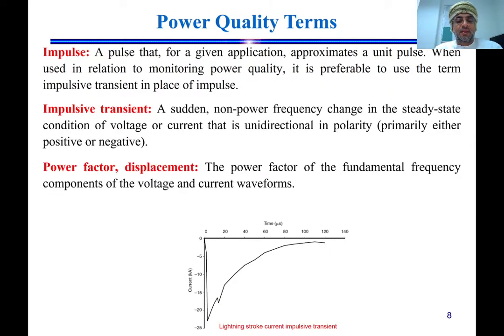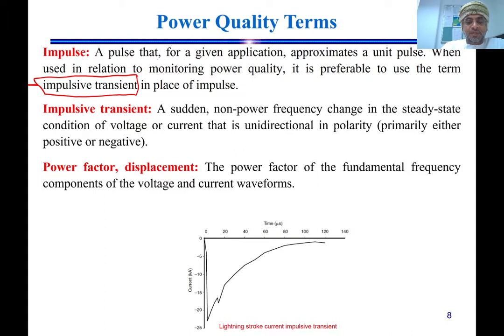Impulse. Impulse is a pulse that approximates a unit pulse. When used in relation to monitoring power quality, it is preferable to use the term impulsive. So instead of impulse, we call it impulsive transient. And this is the kind of impulsive transient like the lightning strike, right?